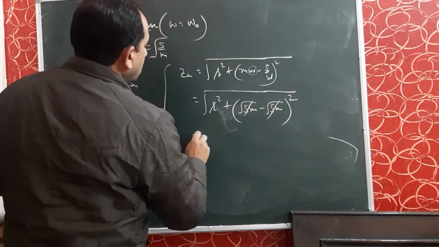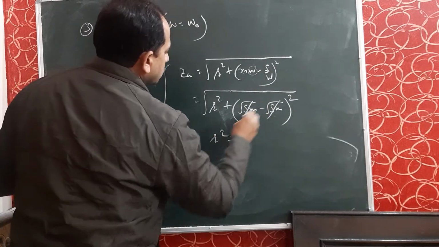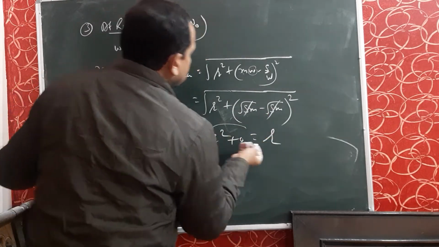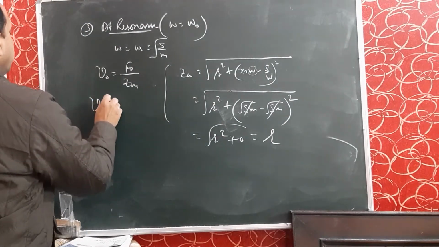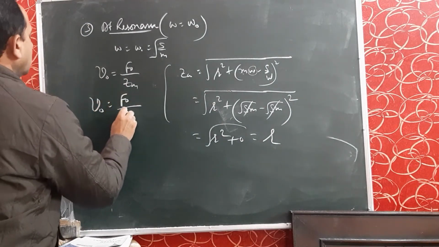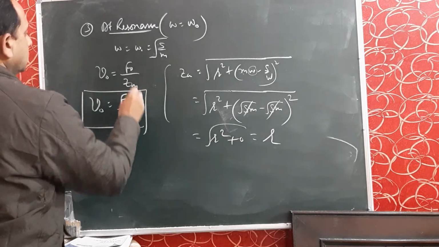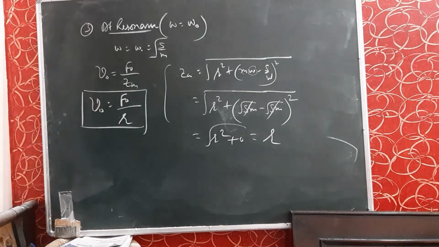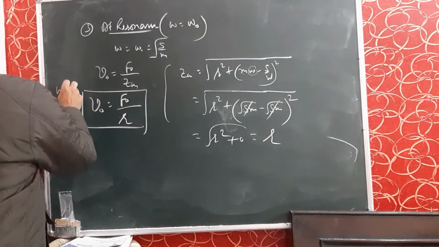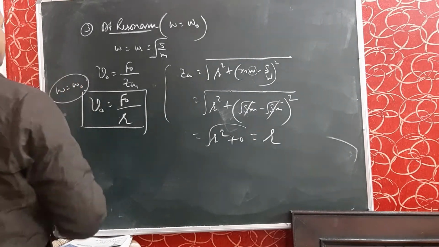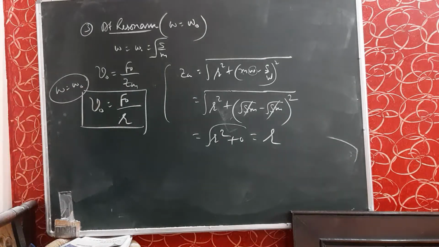This is 0, and r square plus 0 square, ultimately it is r. So Zm is equal to r. So velocity becomes F naught upon r. So this is the third condition. When omega is equal to omega naught, velocity becomes F naught by r, a finite value.